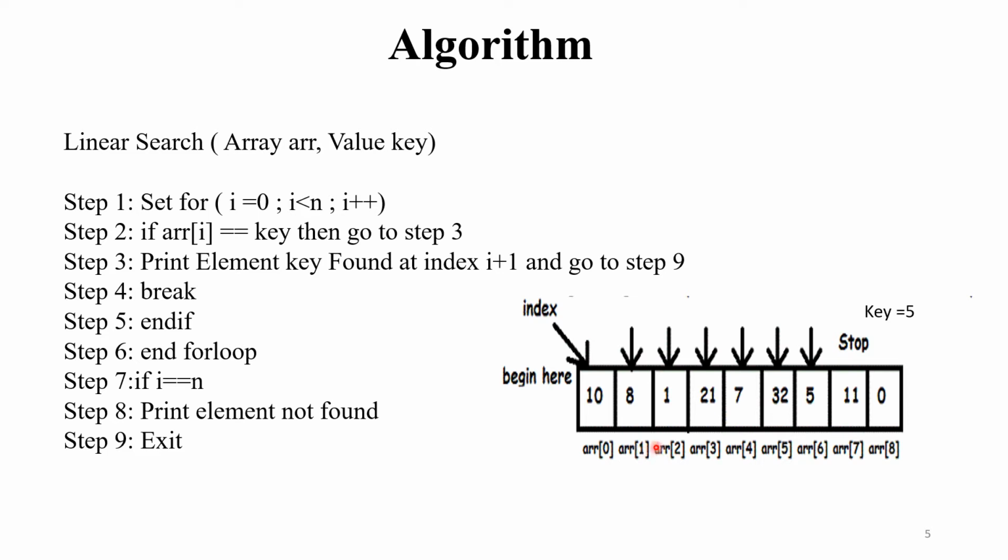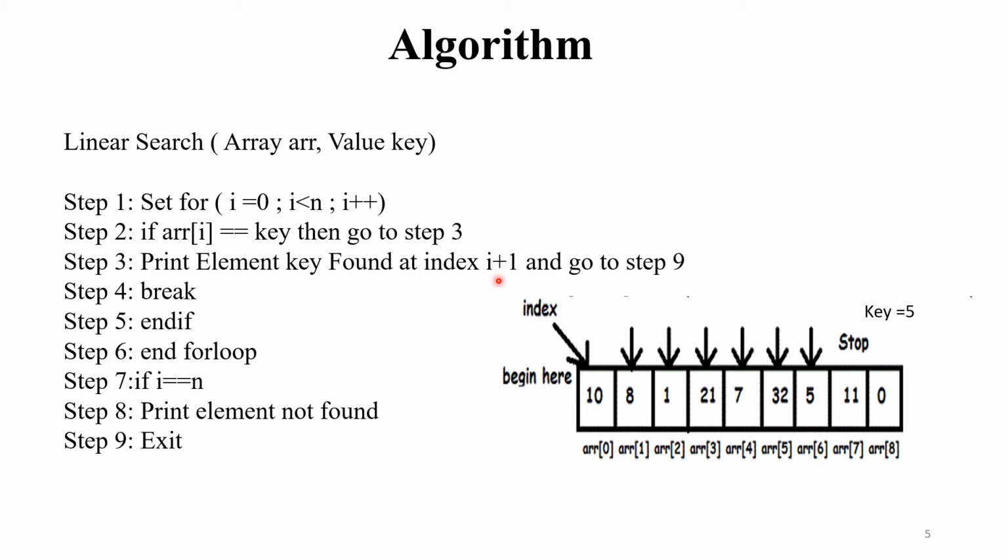Similarly, we repeat this procedure until the element is found. So, the element is found at the sixth index. So, print element 5 found at index 6 plus 1, that is 7. So, here the array position is 6, but our position is 1, 2, 3, 4, 5, 6, 7.